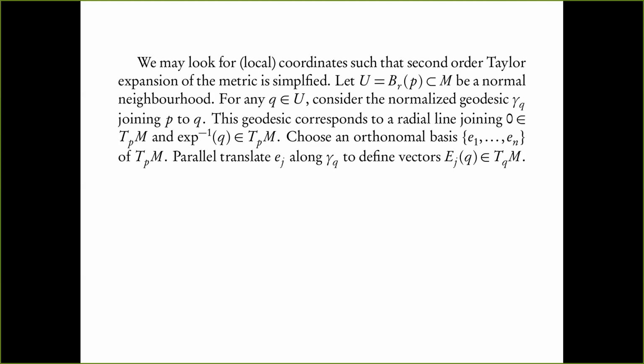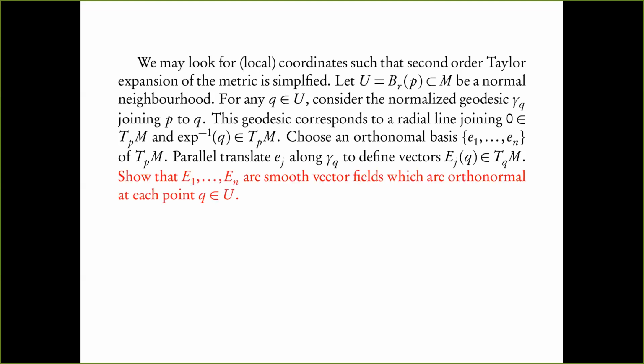But now you can just take the geodesic gamma_q, which is simply the image under the exponential map of the radial line segment joining 0 to v, where v goes to q. And you just parallel transport these E1 through Ej's along gamma_q, which defines vector fields Ej. So we have vector fields E1, E2, En, so that Ej at q is simply the parallel translate of the little vector Ej along the geodesic gamma_q.